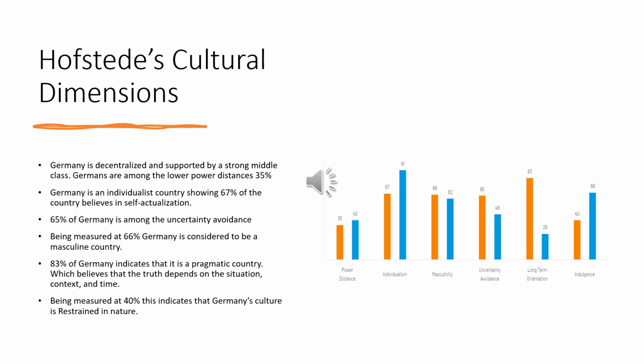Highly decentralized and supported by a strong middle class, Germany is not surprisingly among the lower power distance countries. Germany scored a 35 on power distance, and the United States scored a 42, which is not very much distance between both of them. Both of them are almost right there neck and neck.